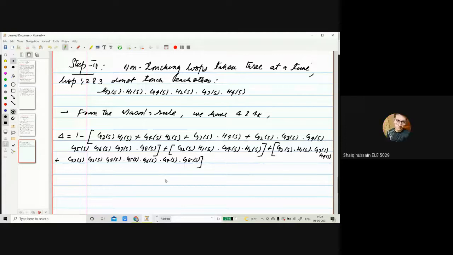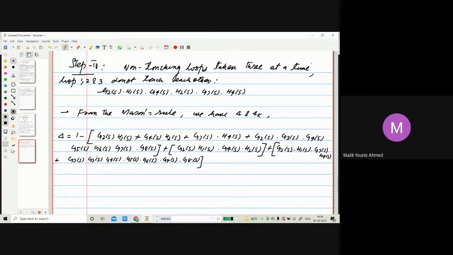So the third one is wrong. Just a second, I'm coming to that. Now first we have got this one. So second we have non-touching loops taken two at a time. So this is 1 and 2, G4. Next is G7 H4, plus G7 H4.